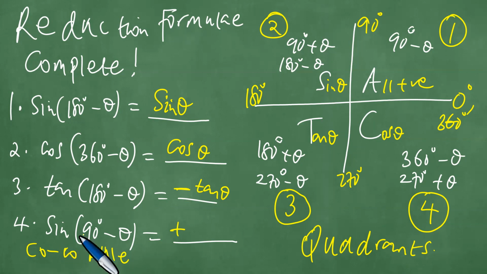The co-co rule means that if there's no co, you put on a co. So you put a co on the sine, and it becomes cosine theta. Sine changes to cosine at 90 degrees and 270.